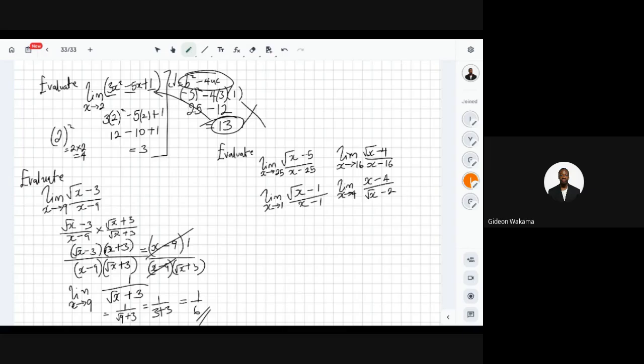That is the one for root x minus 5 over x minus 25. Does anybody have any other answer for that, or are we going with 1/30? Yeah, I have 1/10 for the same question. I got 1/10.